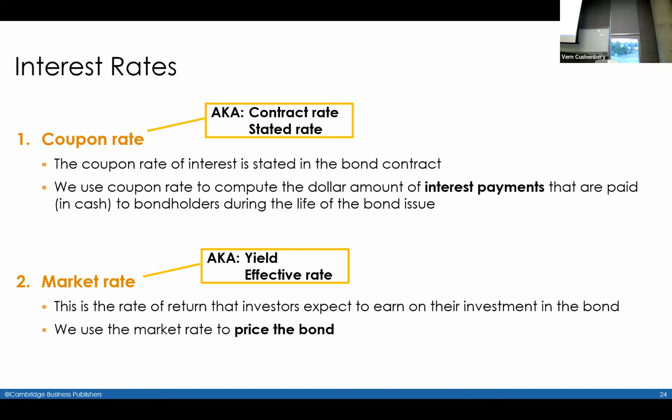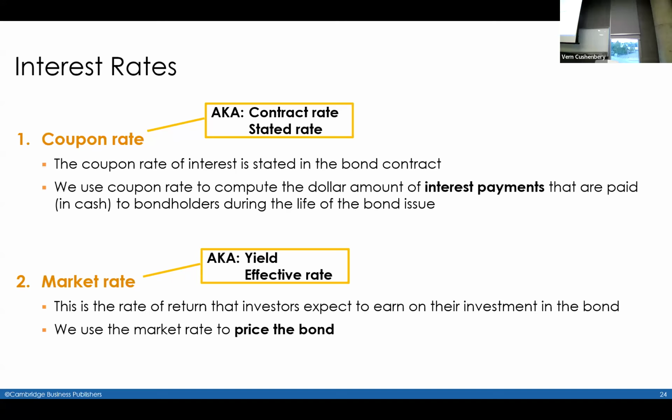In the example I gave, if I buy it today for $1,000, my yield is 5% times $1,000, so that's $50. I get a $50 check annually, doesn't matter what the price is, no matter what the price is.